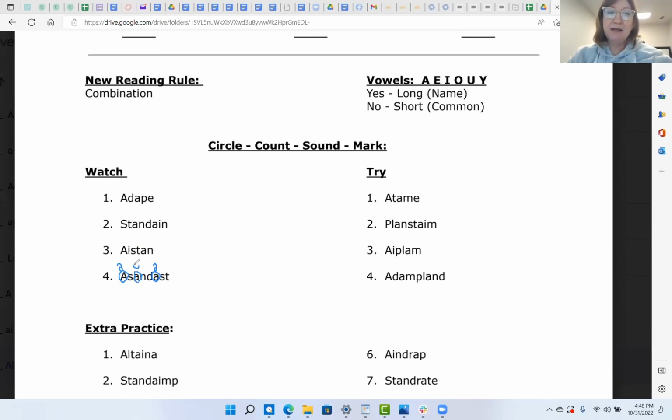So this one I'm going to pencil read slowly because this one has a lot of sounds. S, ah. I'm going to start with just the first 3. Sa. I'm going to bring in the N. San. Bring in the D. Sand. Bring in the schwa.